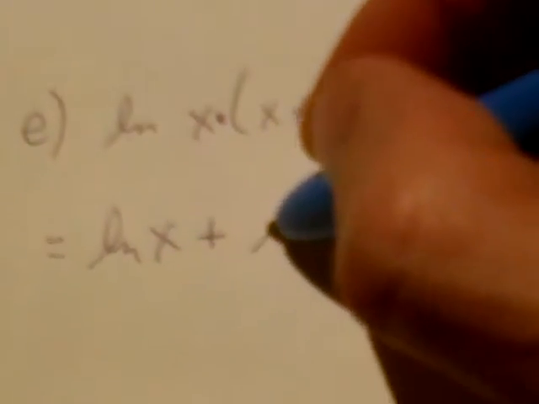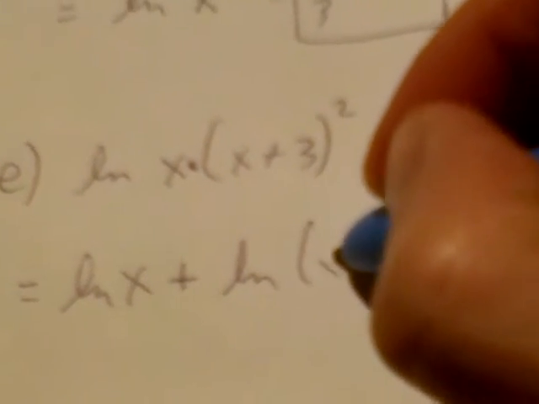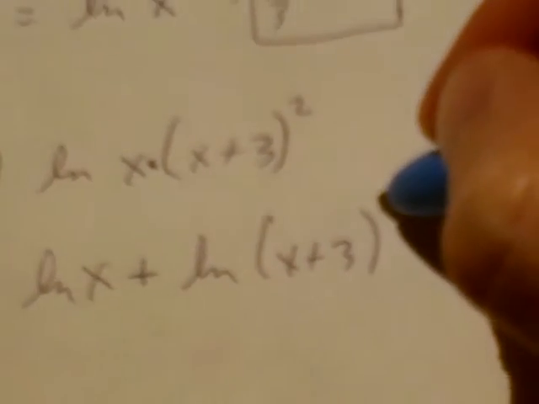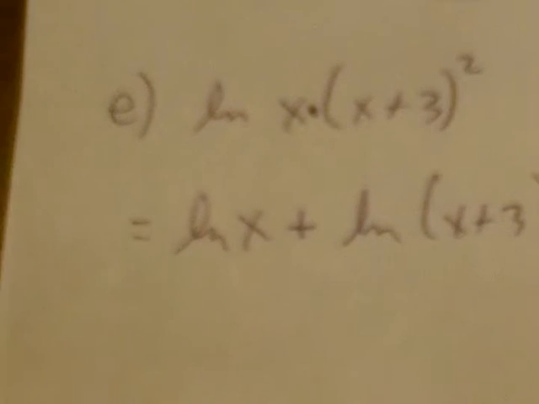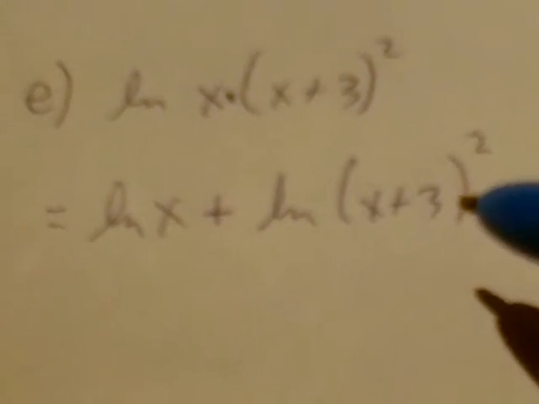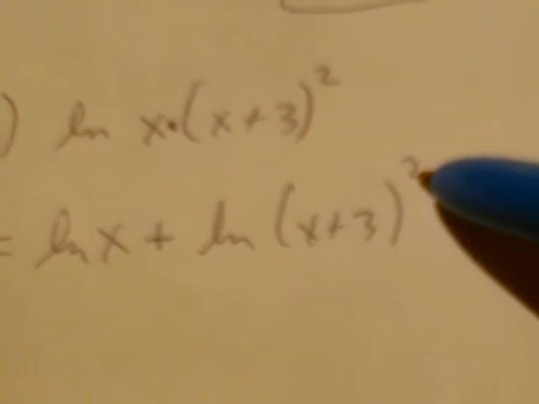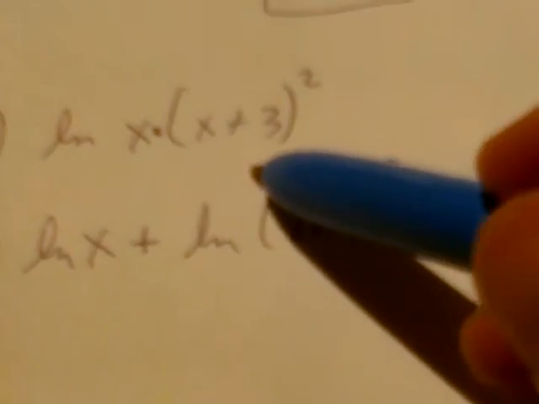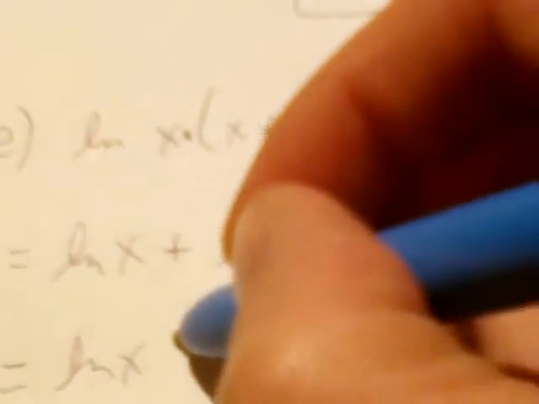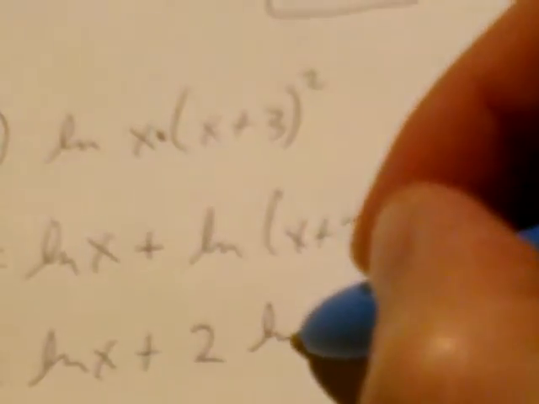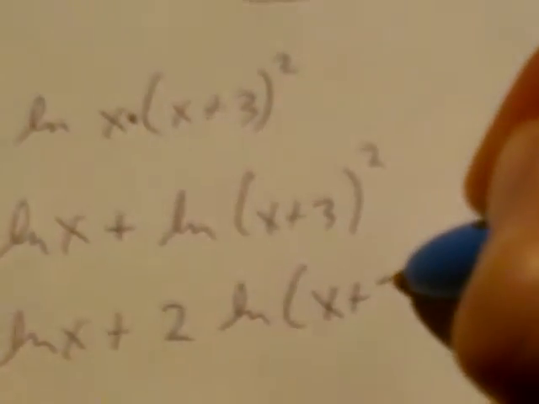So now it's going to be the natural log of x plus 3 squared. And really, we're almost done. And then we see that we have an exponent here. So the natural log of something to a power just means bring that exponent down in front. So our final step here is just ln x plus 2 ln of x plus 3.